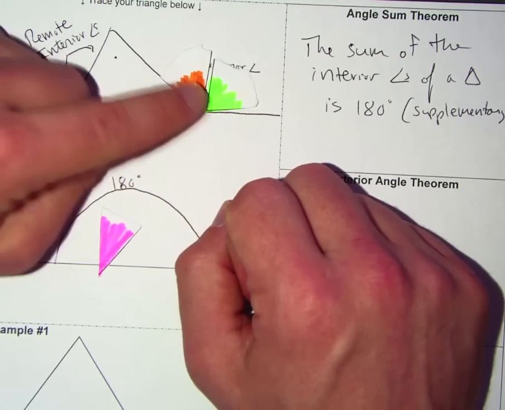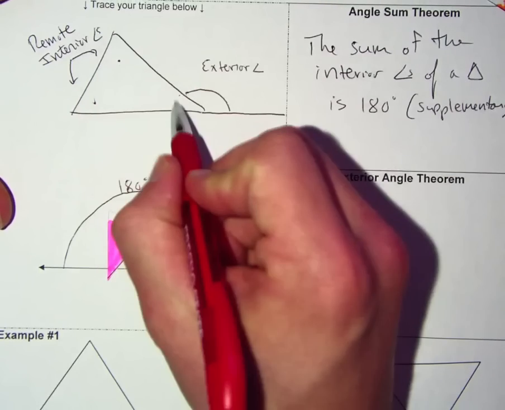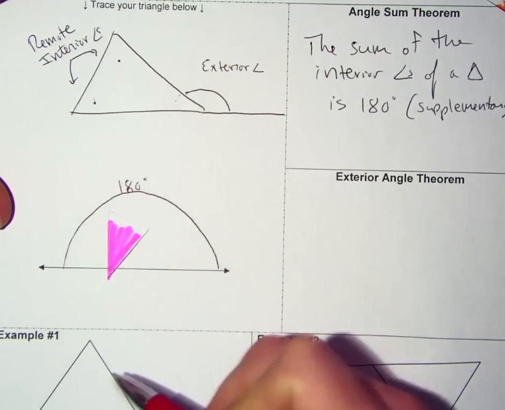These two, if you add them up, equal that exterior. So these are the non-adjacent angles. This is the adjacent angle to the exterior. You want these non-adjacent, the remote interior angles.